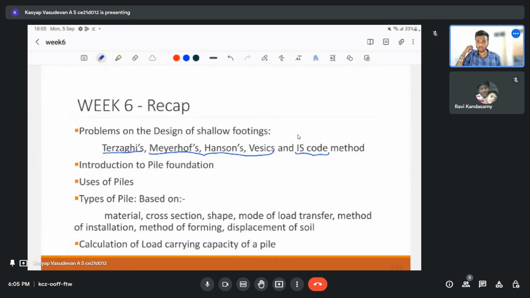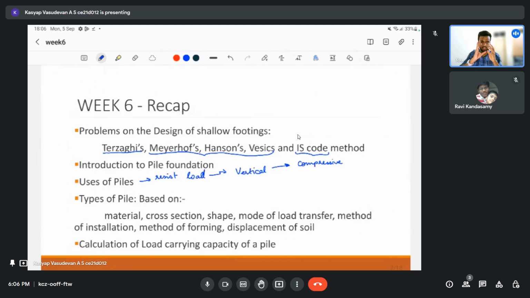As we said before, there are different uses of piles. The foremost use is to resist the load. When we say load, it can be vertical, and even when we say vertical, it can be two different loads: compressive load or tensile load. Very commonly it is compressive load, where the load comes from the top, from the superstructure, and the pile resists it in two different ways.